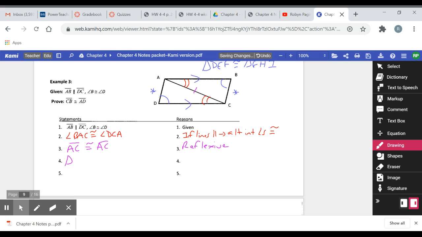This time it's not written for me in the proof statement, so I really have to be careful that my corresponding angles match up. Again, it doesn't matter how I label the first triangle. I can say ACD, but it will matter how I name the second triangle, because if I did ACD, I went no mark, 2 mark, 1 mark. I need to follow the same pattern with the other triangle.